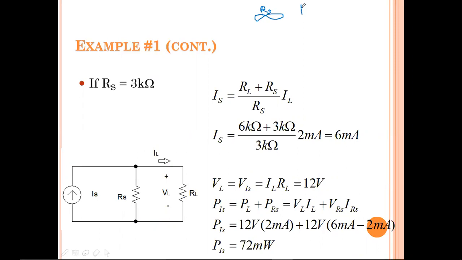Let me find the power at the source, the input power.